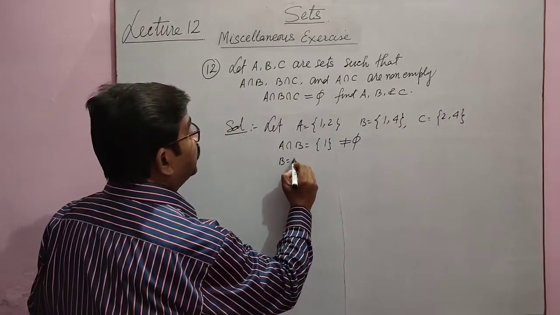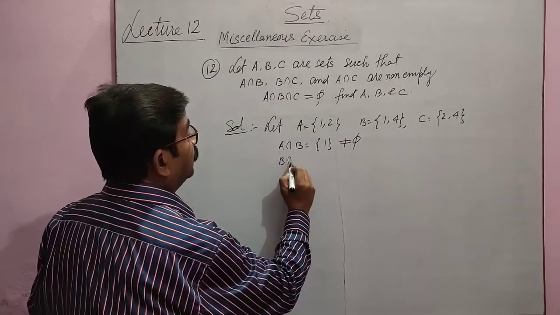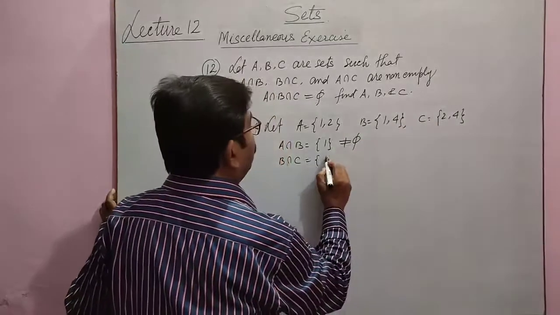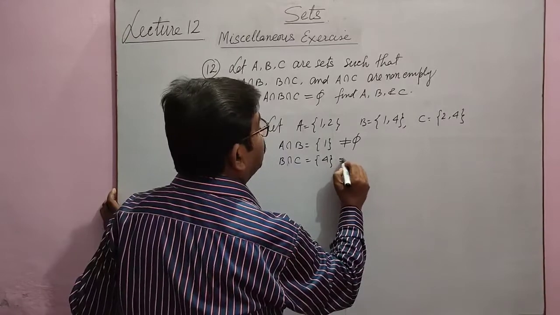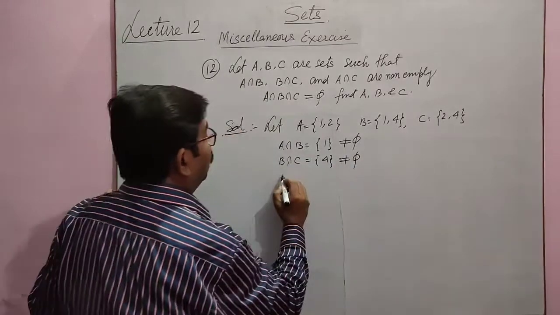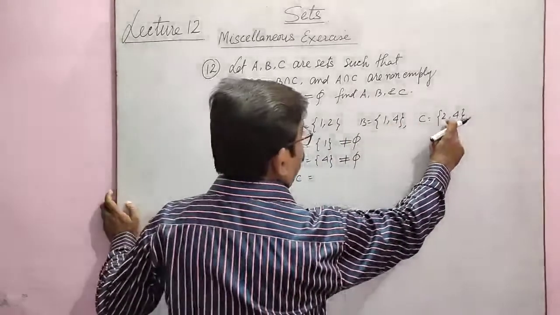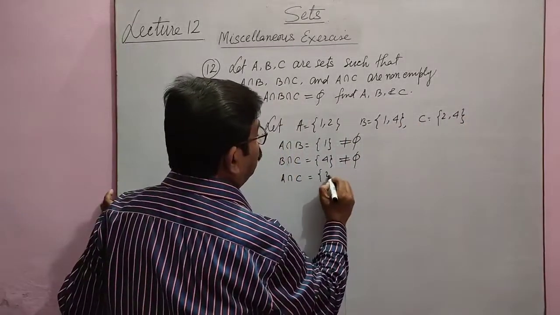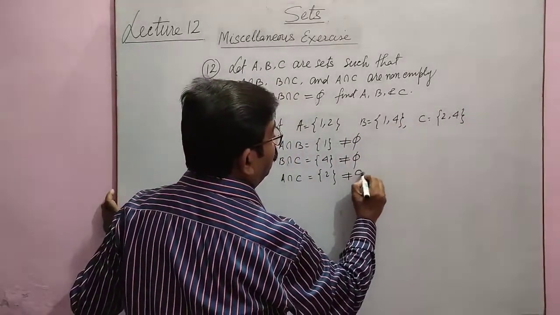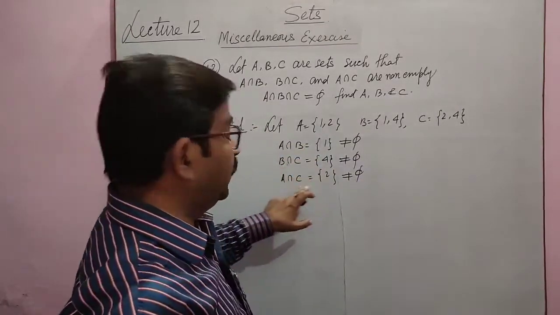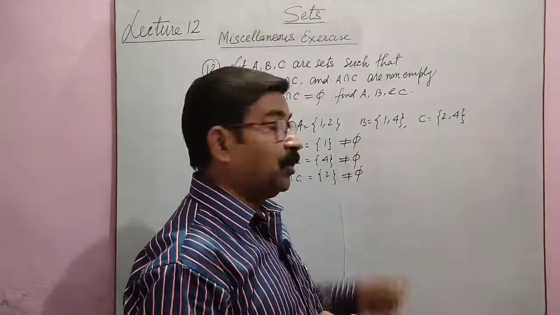Find B intersection C. In B and C what is common? 4 is common, which is not equal to phi. Find A intersection C: 1, 2 and 2, 4. What we have? 2, which is not equal to phi. Means A intersection B, B intersection C, A intersection C are non-empty.